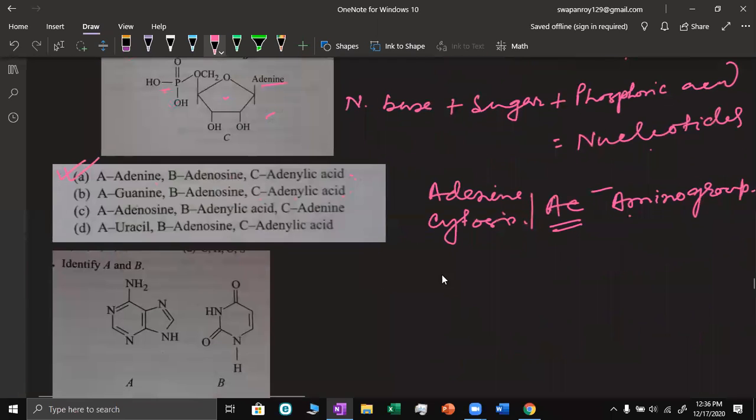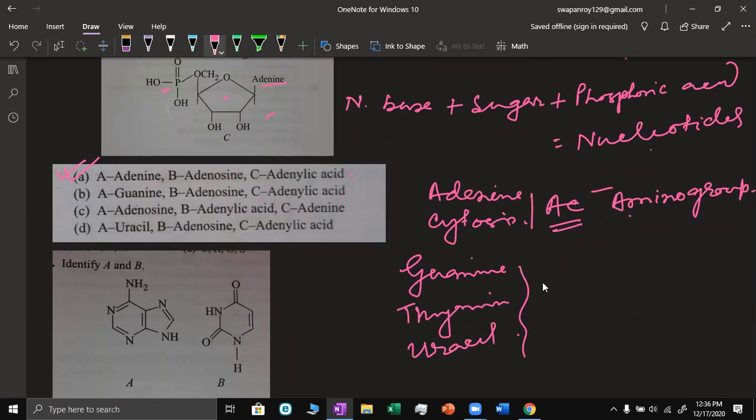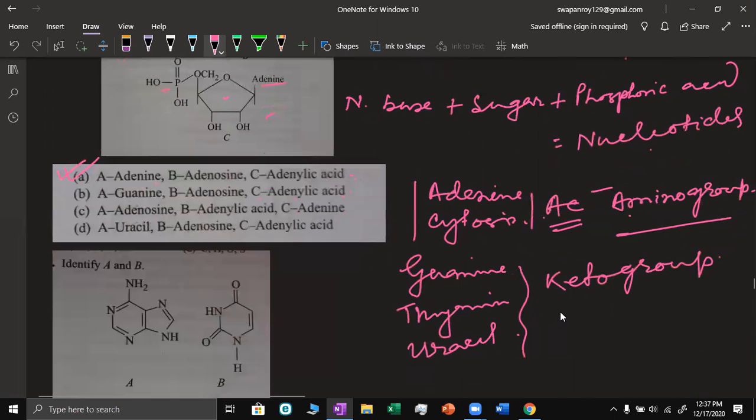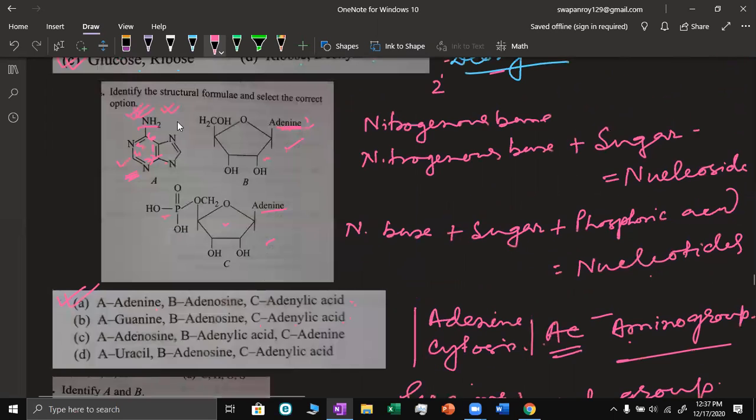And guanine, thymine, and uracil have a keto group. If you remember that AC have an amino group at the sixth position, the rest have a keto group at the sixth position.